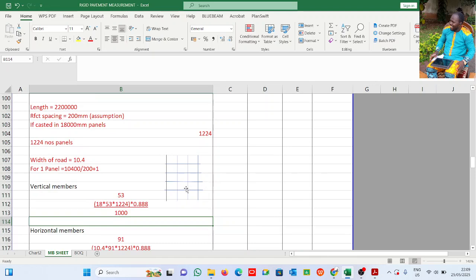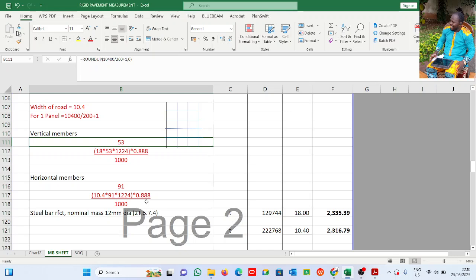Of course, you plus 1 because you are dividing by spacing. Where you're starting from, you are going to put 1 reinforcement there. This is 10,400 divided by 200 plus 1. That gives us the number of reinforcement we are going to have there. So this is 53 numbers. The same thing if I want to do the horizontal members, which is this.